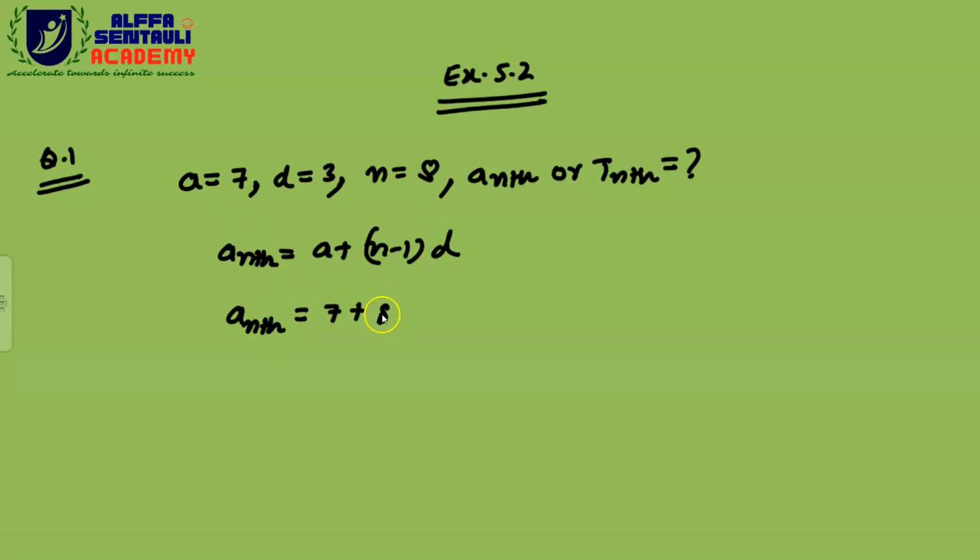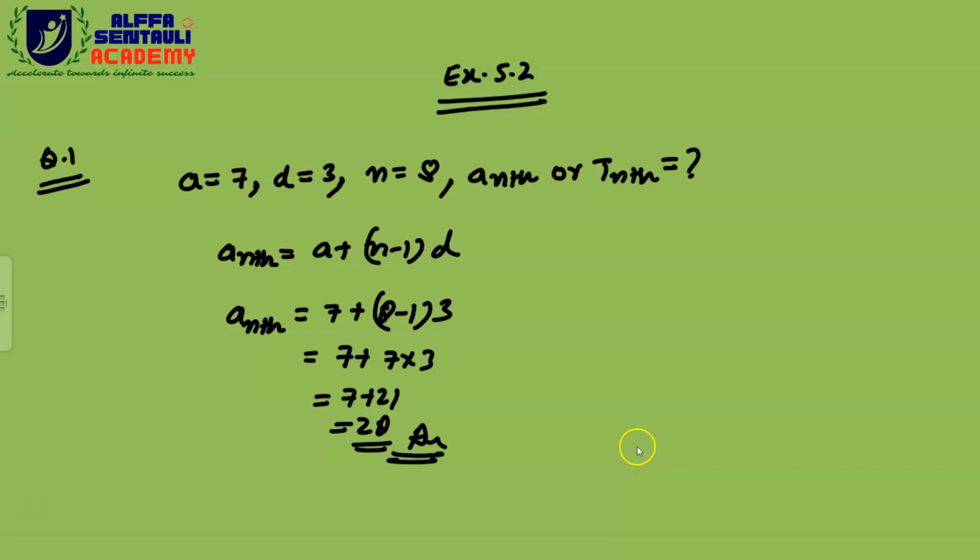The total number of terms is given, that is 8, minus 1. d is also given, 3. So 7 plus (8 minus 1) into 3. 7 plus 21 is 28. This should be the answer, correct? This is a fill in the blanks type of question. The concept is the same.